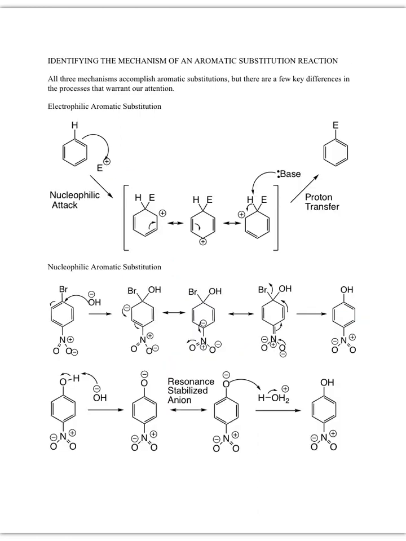So how can we draw the mechanisms? An electrophilic aromatic substitution, we've drawn it many times. The aromatic ring attacks the electrophile. You can draw the resonance structures and then take off the hydrogen to get back to the aromatic ring. So it's nucleophilic attack and then the proton transfer. In the nucleophilic aromatic substitution, it's nucleophilic attack, a bunch of resonance, and then a loss of a leaving group.